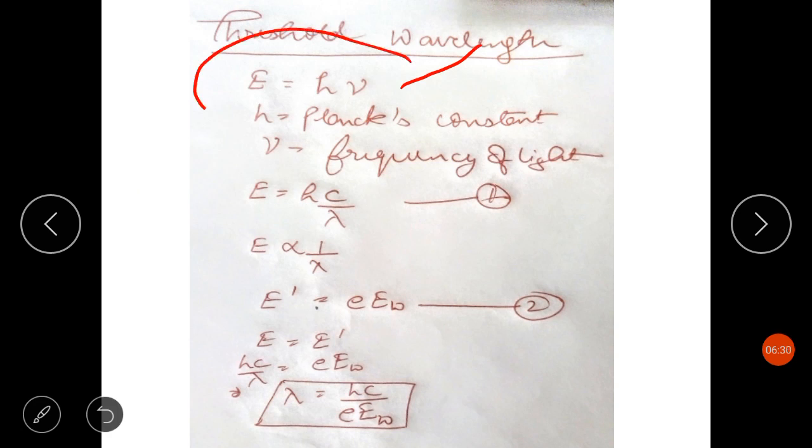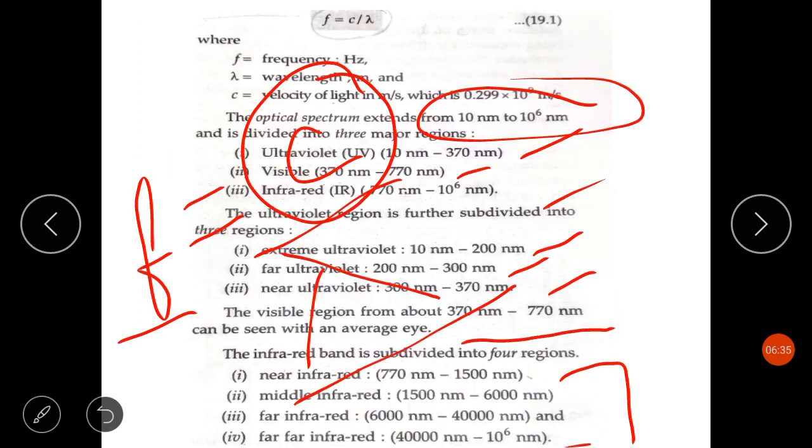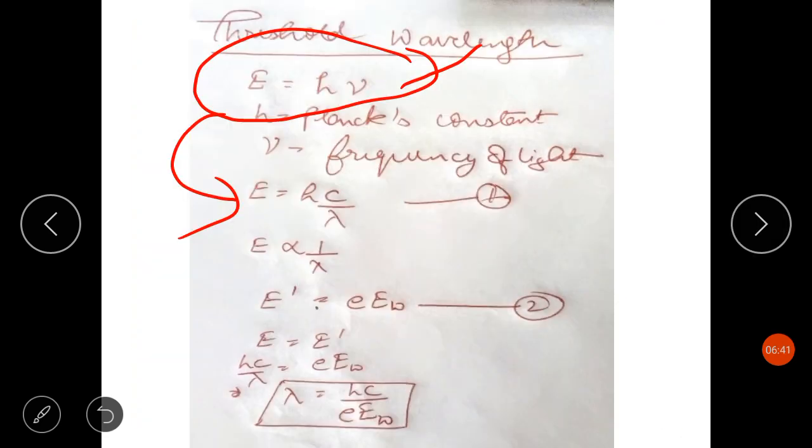Now, this relation can also be written in another form, as I've already told you in my previous slide, that the frequency of light is equal to c by lambda. So I'll replace nu by c by lambda. So E is equal to h into c by lambda. Here h, Planck's constant, is obviously a constant, c, the speed of light, is also constant, that is 3 into 10 to the power 8 meter per second, and then we are left with lambda.